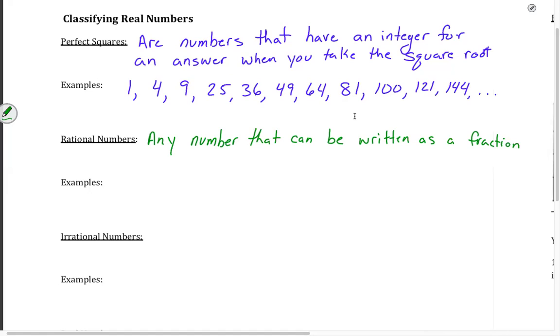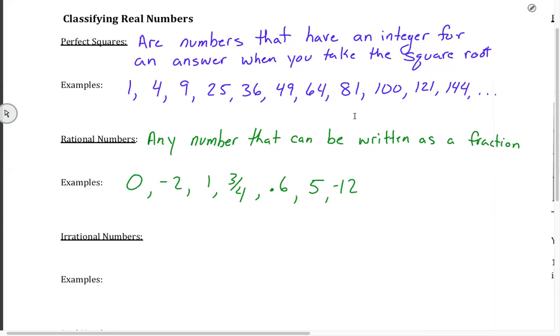So these numbers are like 0, -2, 1, 3/4, 0.6, 5, and I don't know, let's say -12. So all of these numbers, whole, negative, decimals, and fractions, are considered rational numbers.